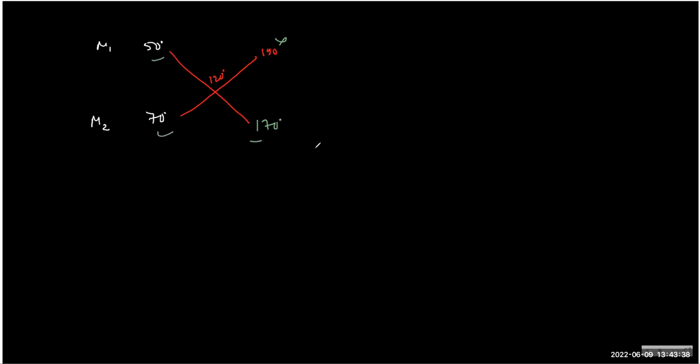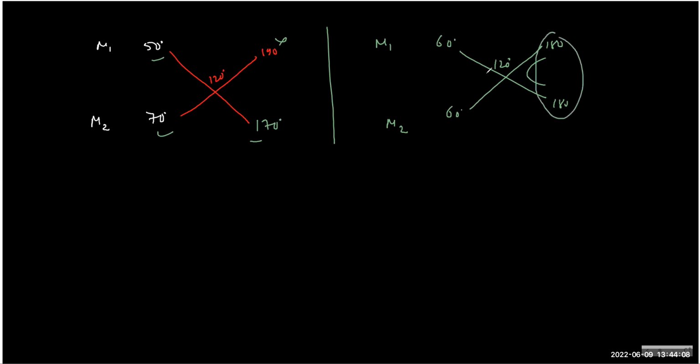Now, if symmetrical, if I take 60 and 60, 180, 180. Now you can see that if you have 180, the problem is if you sum these three, it exceeds 360. The sum of these two itself is 360. 180 is anyway the bigger one, so you cannot take both of them.